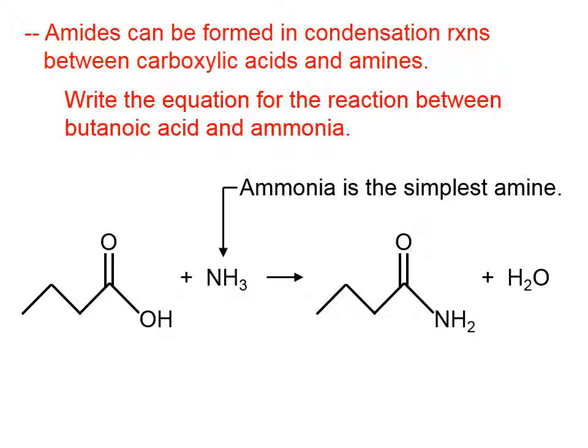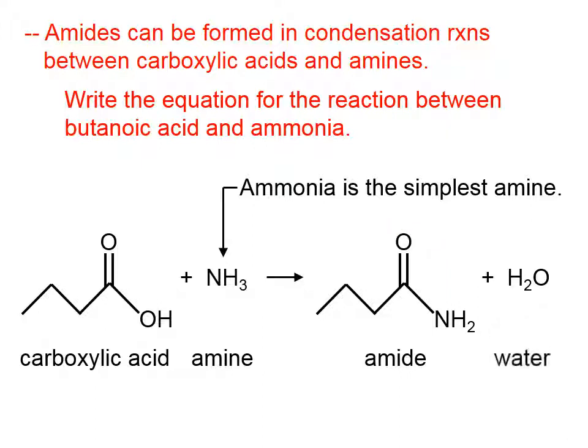So what's left is this 4-carbon chain with the double bonded oxygen, and then the amino group right there, which shows you that whenever you react a carboxylic acid with an amine, you get an amide. You might remember that this structure here with the double bond carbon oxygen and then a nitrogen next to that carbon, that's an amide.